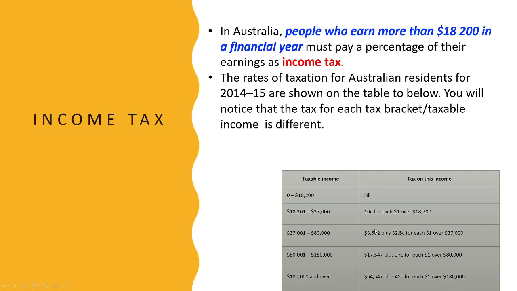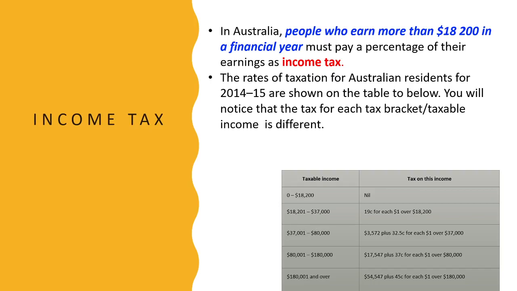Now, these amounts here are the amounts for all of the previous tax brackets added up. So this $3,572 is how much tax you'd have to pay if you earned exactly $37,000.